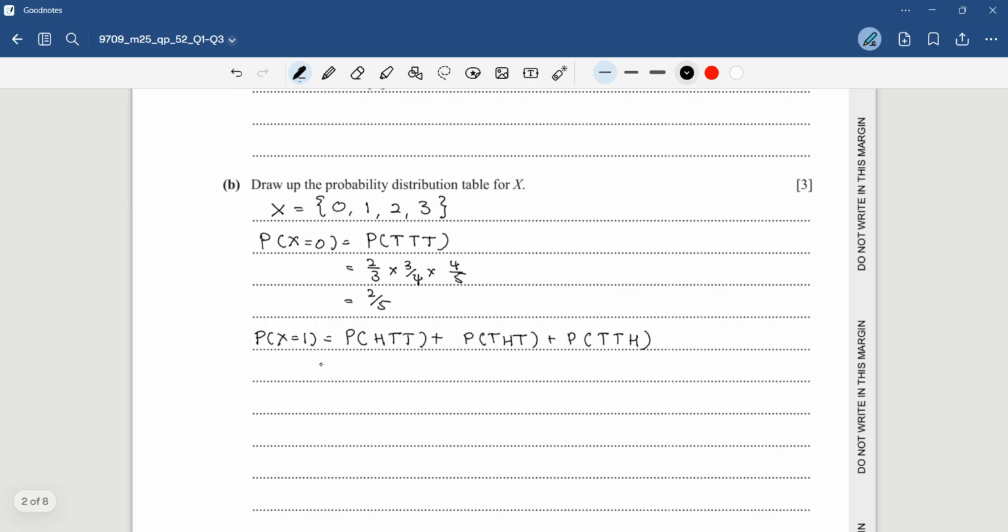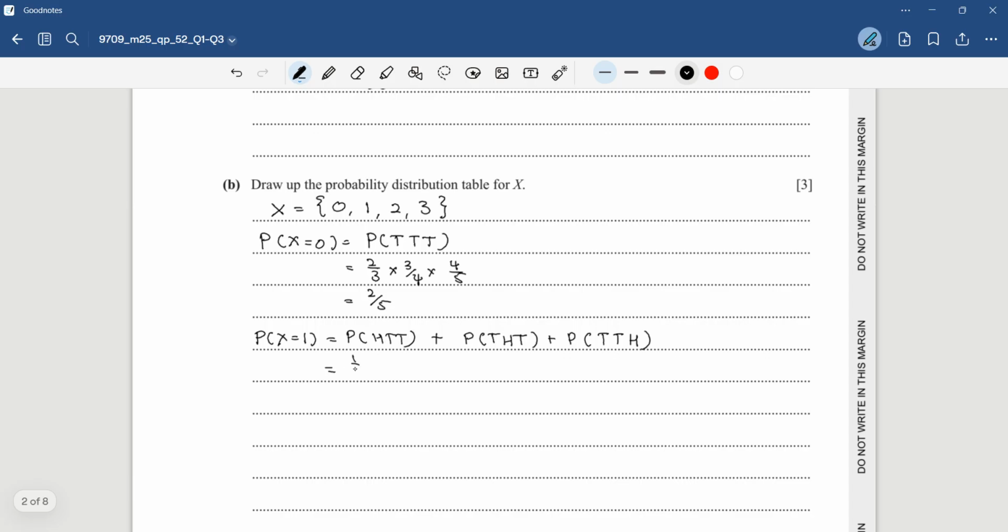Okay, so it's going to be, sorry, it's 1 over 3, probability of head, tail, tail.